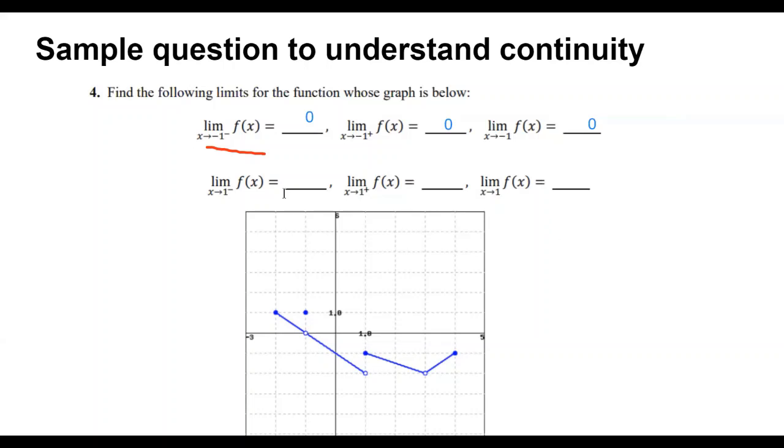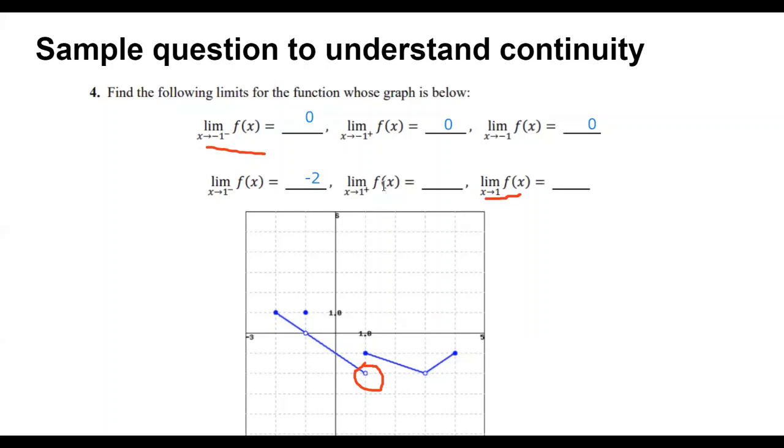On the other hand, we'll look at the second example where it shows limit x tends to 1. Again, we'll approach from the left-hand side and the right-hand side. When you approach from the left-hand side, you'll see that the y value tends to -2. So you know that the answer here is -2.